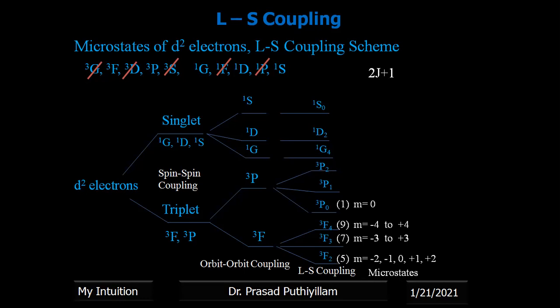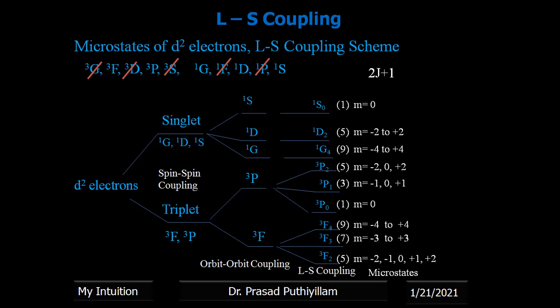Triplet P0 can be split into 1 energy level only. Triplet P1 into 3 microstates, triplet P2 into 5 microstates, singlet G4 into 9, singlet D2 into 5, and singlet S0 into 1. So these are all the possible energy levels with their ground terms.